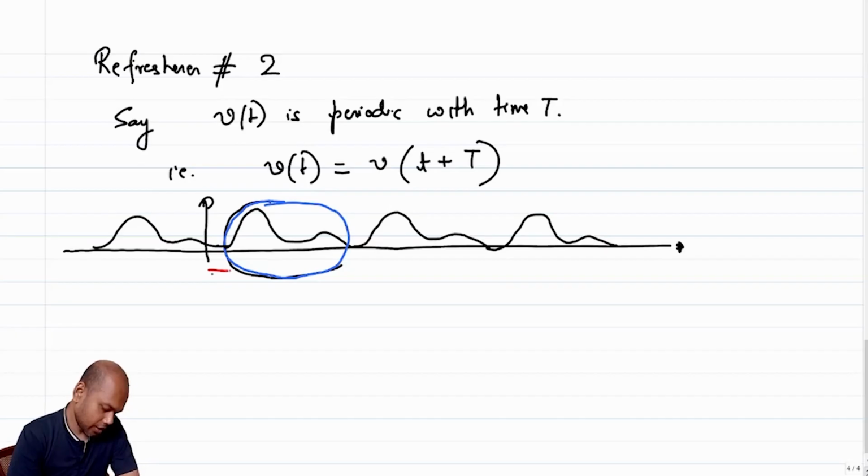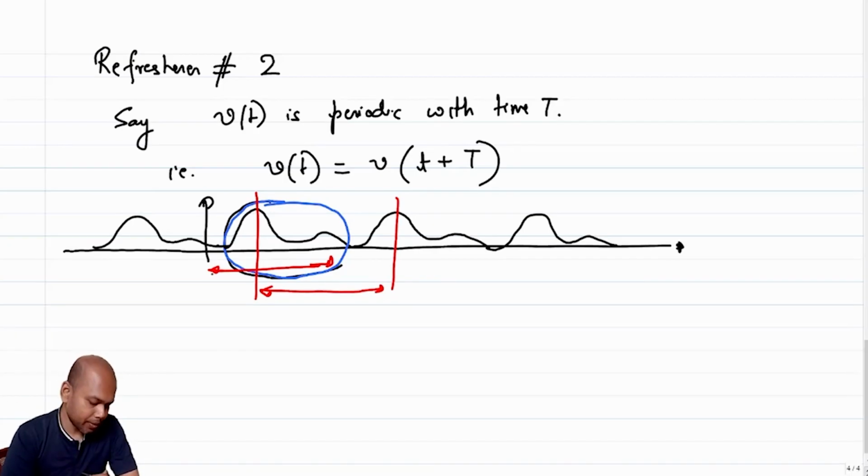I can start here and end somewhere over here, and that also repeats. Similarly, I can start here and end here, that also repeats. Basically the same unit repeats, and each of these durations is T. So by definition, this is T.